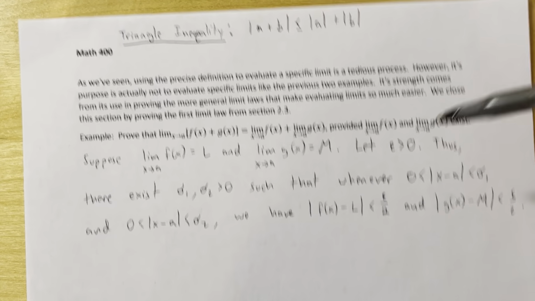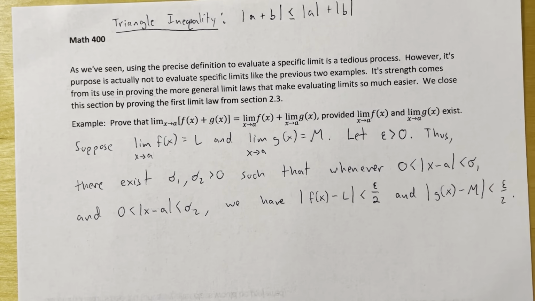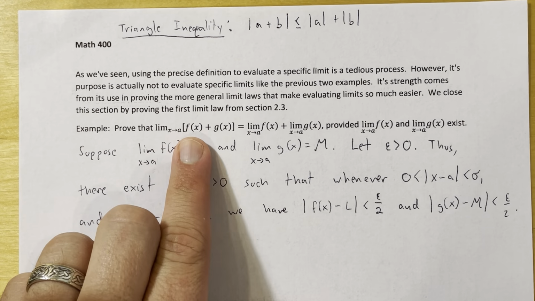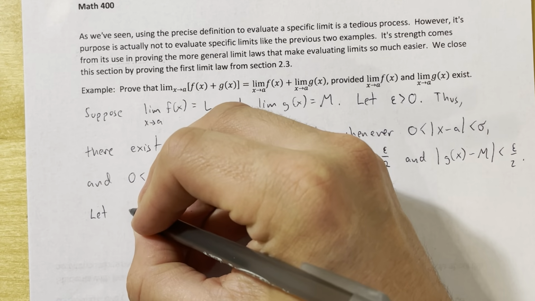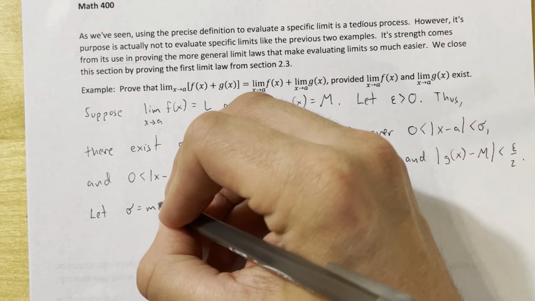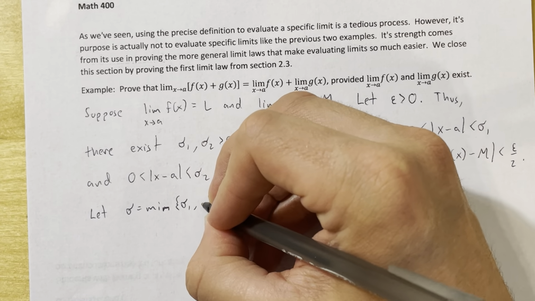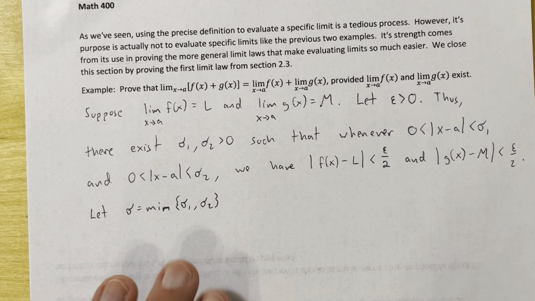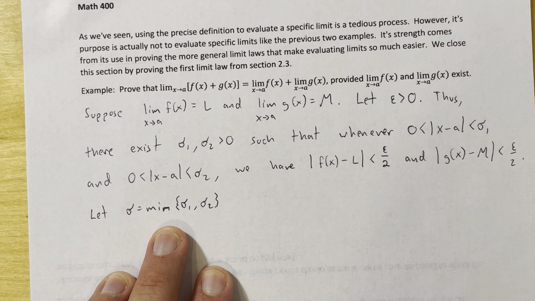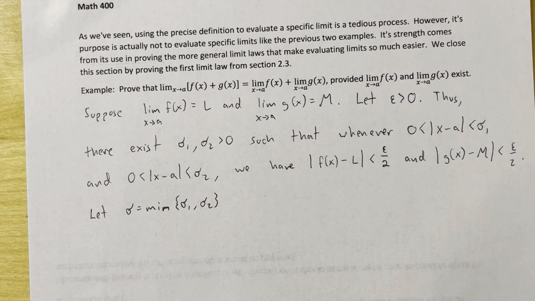So remember, what I want to do now is find a delta that makes this limit work. I'm going to let delta equal the min of delta 1 and delta 2. Remember, in that one example we did in the last video, we had a similar definition for our delta, a min of 1 and epsilon over 5 or something like that.